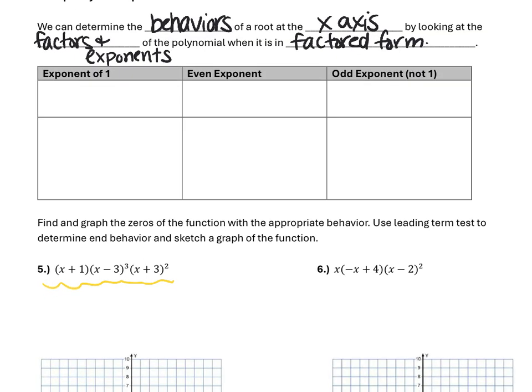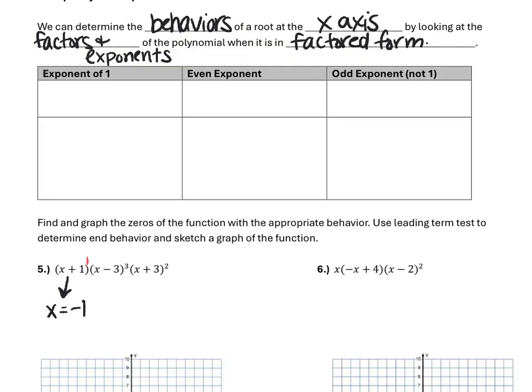Okay, if your factor has an exponent of 1, which one of these factors in number 5 has an exponent of 1? Yeah, there's an imaginary 1 there. Remember, when we don't have a given exponent, there's an imaginary 1. So this factor, the 0 would happen when x equals -1, right?